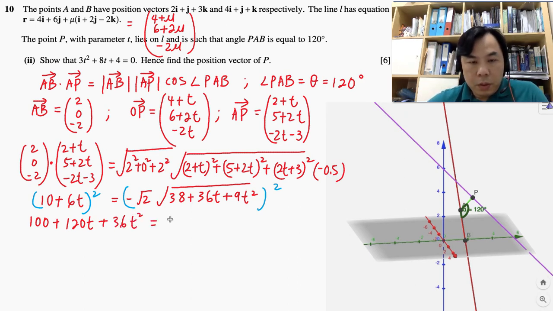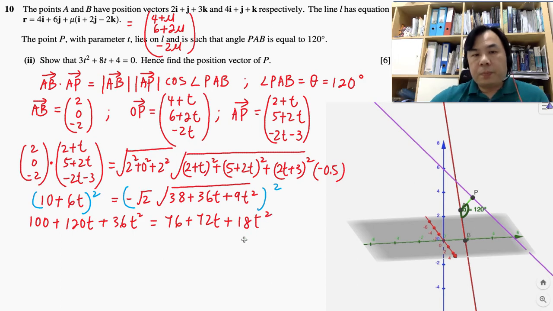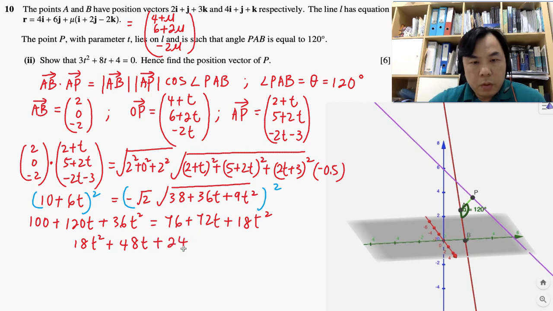Now that will be equal to 76, 72, and then finally I have 18t squared. And then simplifying both sides, I will get 18t squared, and then 48t, and then finally I will have 24.